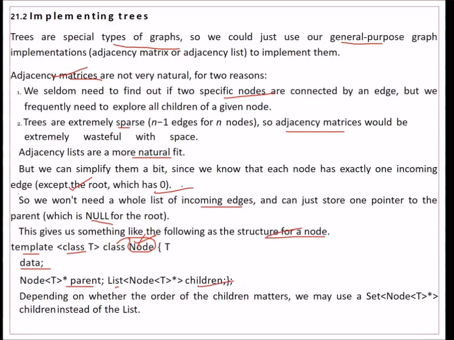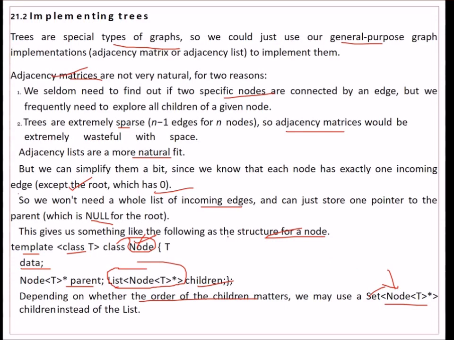So depending on whether the order of the children matters or not, we may use a set instead of the list. So we can also use a set of nodes.